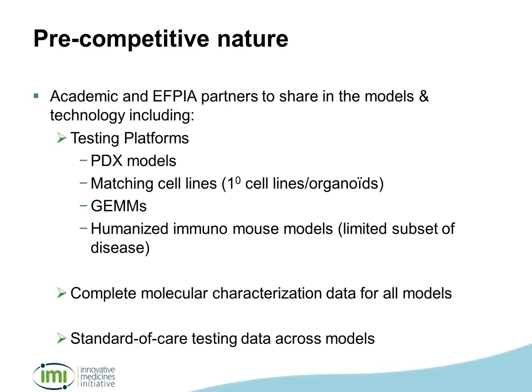And the last major piece of data which is to be shared between academia and EFPIA partners is the standard of care testing data across all models, as they will be performed during the project. Next slide.